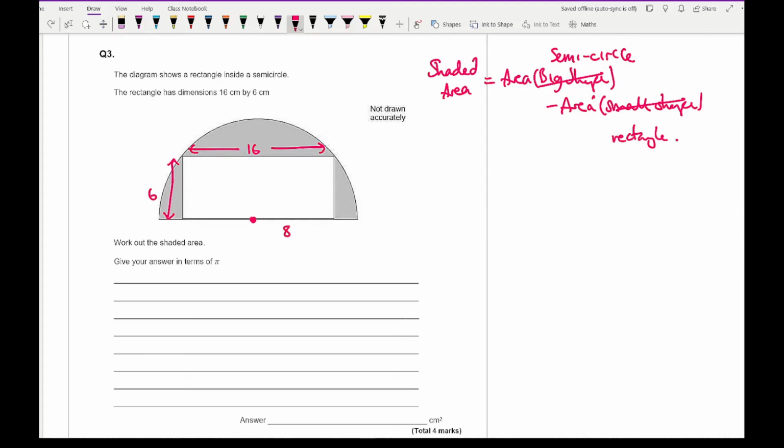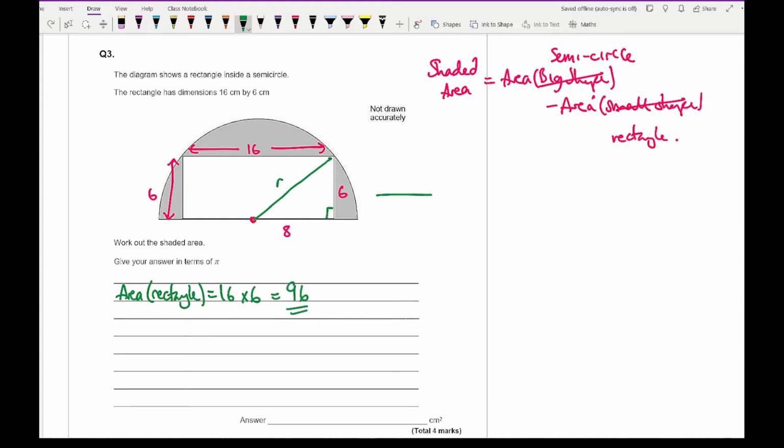So then what I can do is use Pythagoras to work out what the radius of that semicircle is going to be. Now if I just write the area of the rectangle is going to be 16 times 6, and 16 times 6 gives me an answer of 96.